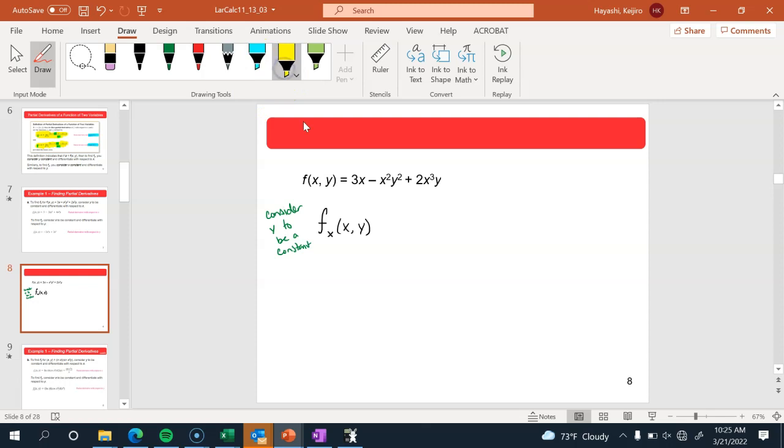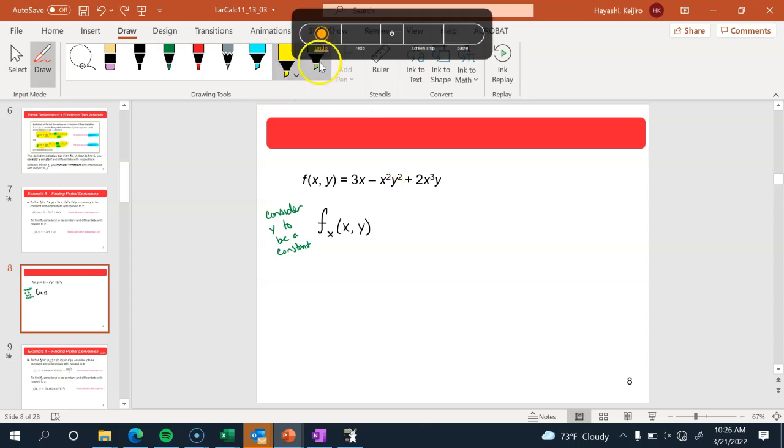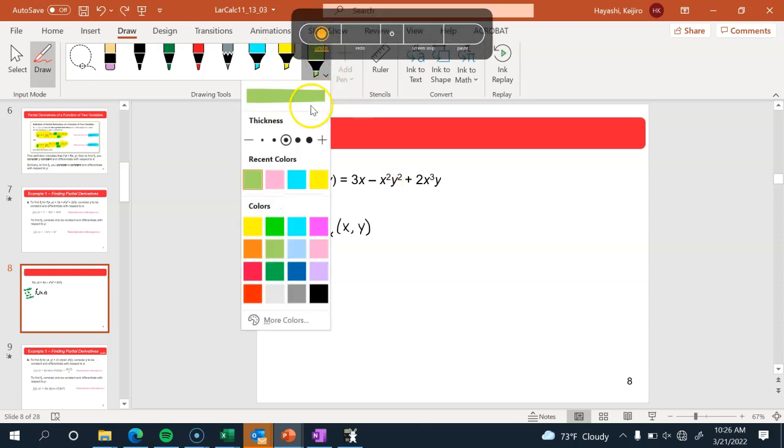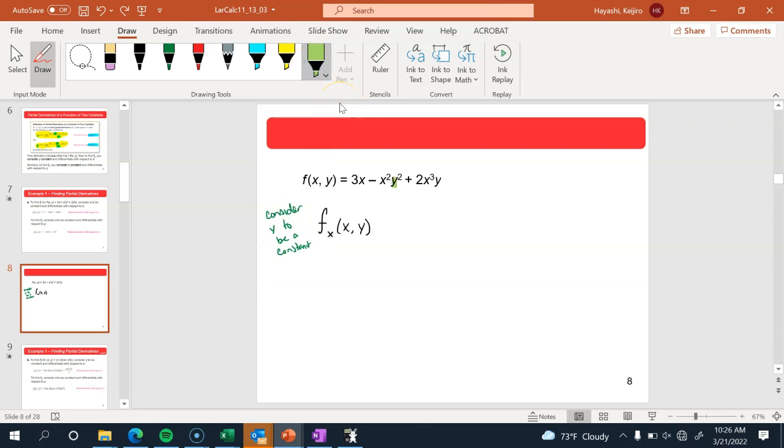Consider this y squared to be a constant, and this y to be a constant, just the same as if it were k or a or b or c. So this is really just a polynomial in terms of x.